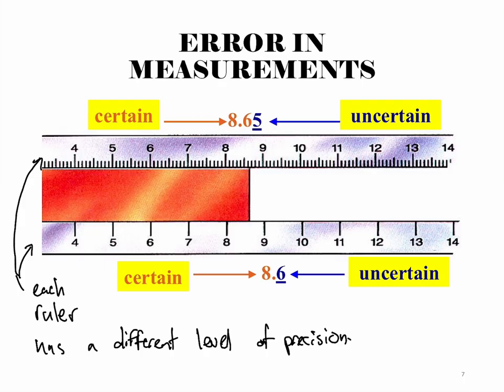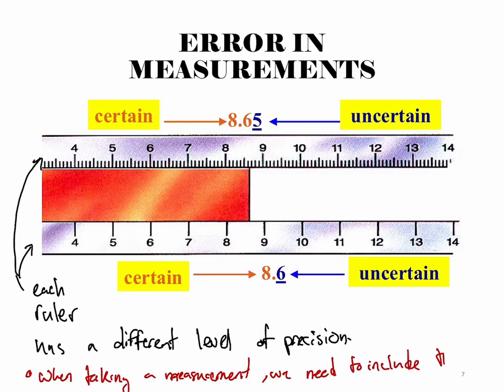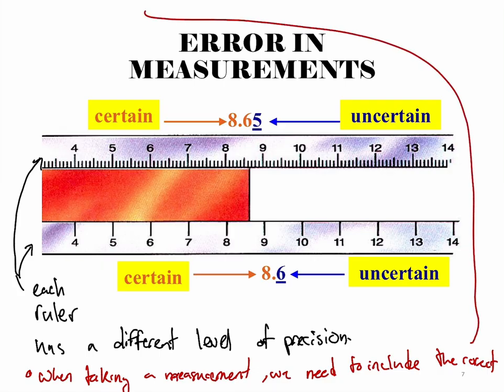And so what does that mean? That means when we're taking a measurement, we need to include the correct number of decimals to reflect the accuracy of whatever that measurement is.